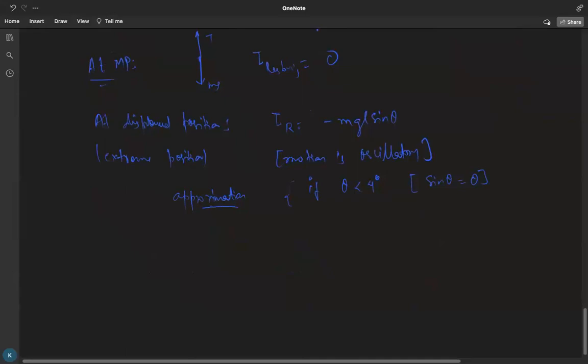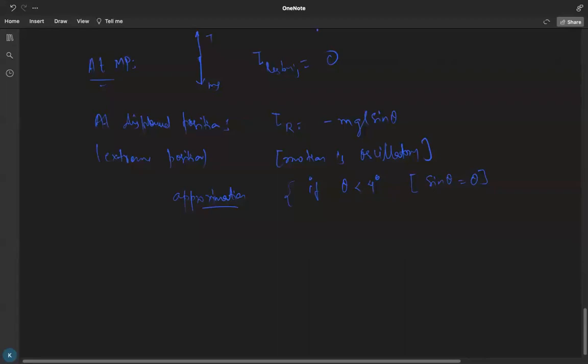Because in the general case, we have to find the relation between angular acceleration and angular displacement, and here we get the sin theta term. But this motion is oscillatory; it's not simple harmonic motion, right? Because in simple harmonic motion, the force is a linear function of displacement from the mean position.